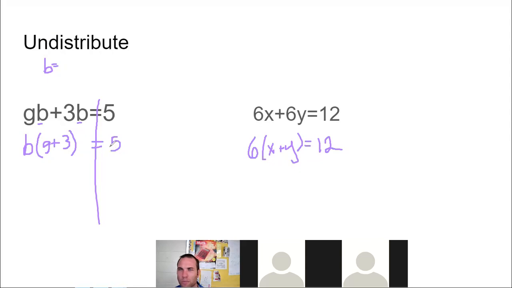And you can use that to solve if you want. By the way, to solve this for B, you just divide by the other factor, G plus 3. And it cancels, and you get B is equal to this. All right, that's what I wanted to talk about today.